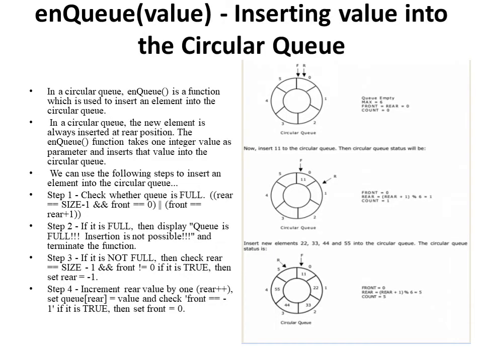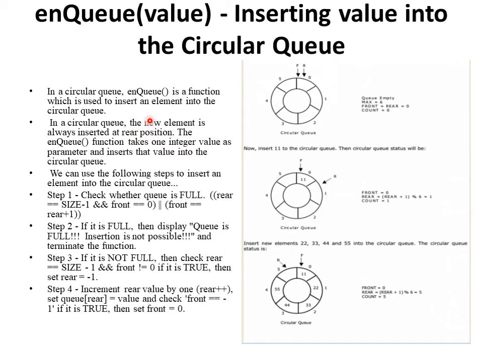The operations are performed. Here you can see in a circular queue, Enqueue is a function which is used to insert an element into a circular queue. In a circular queue, you can observe that the new element is always inserted at the rear position.